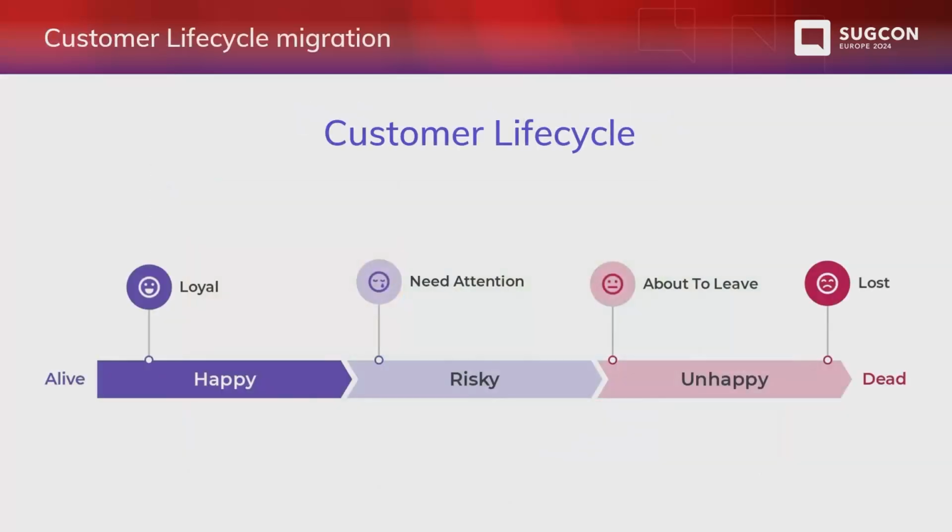Let's have a look at the life cycle of our customers. Initially, customers are satisfied and engage well with our services, but over time they lose interest, and at some point they start considering leaving, and eventually we lose them.